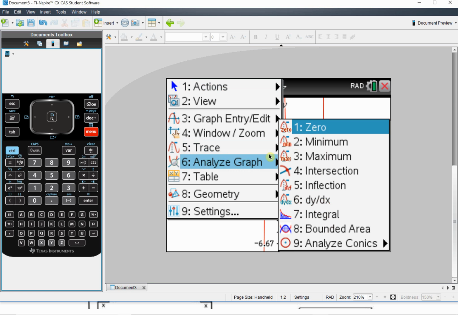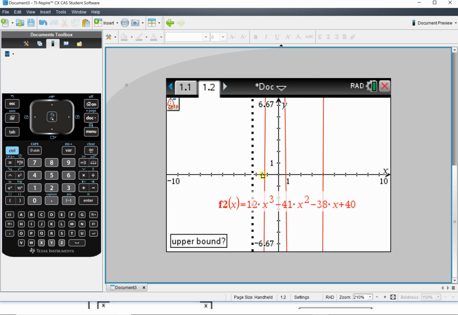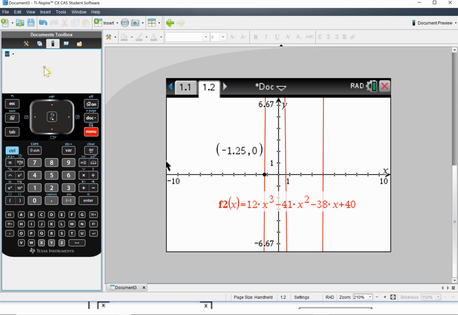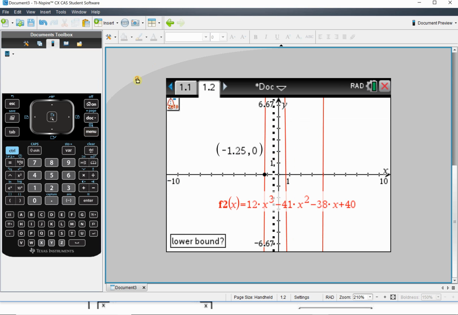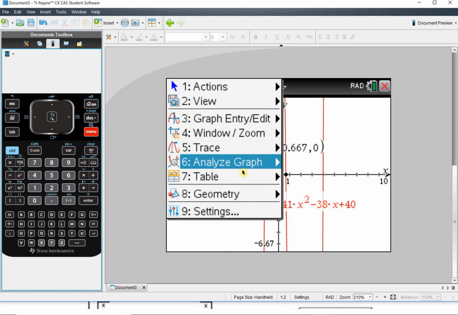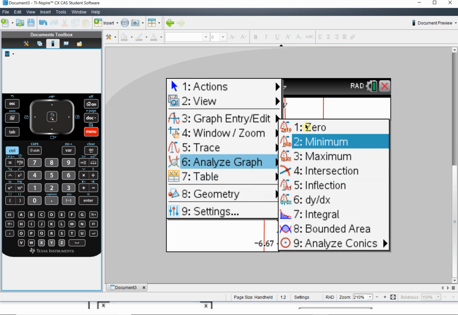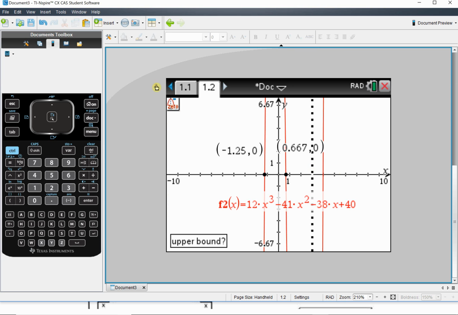Menu, analyze, zero. One of them is negative 1.25. Next one, zero. Move it over. That is 0.667. So we go to menu, analyze, zero. Go back and forth, and we get 4.